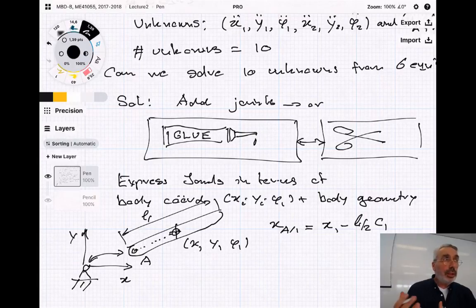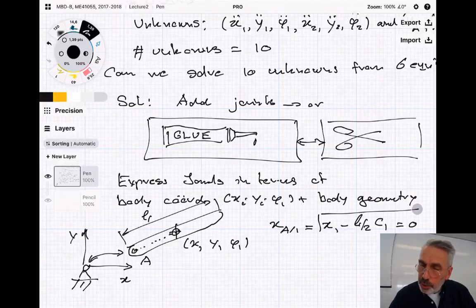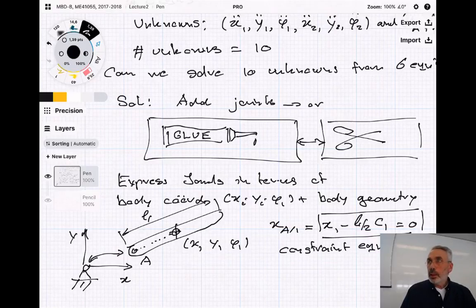So that should be the position of xa, and that position should be 0, right? Because then it's in the origin. So this is an equation, and we call this a constraint equation. It expresses that point A should be at the x-coordinate of the origin.